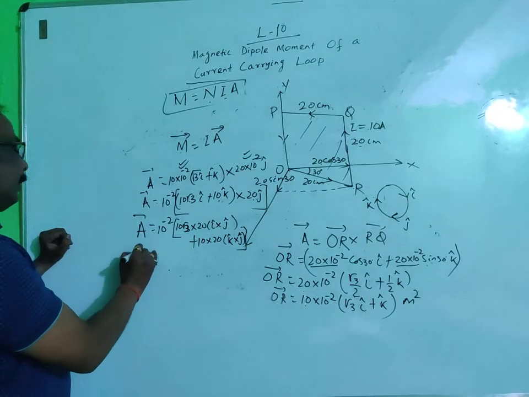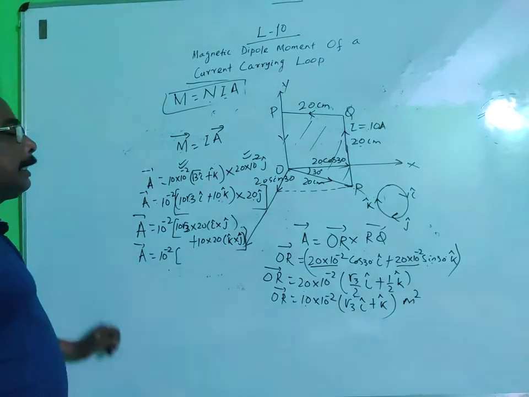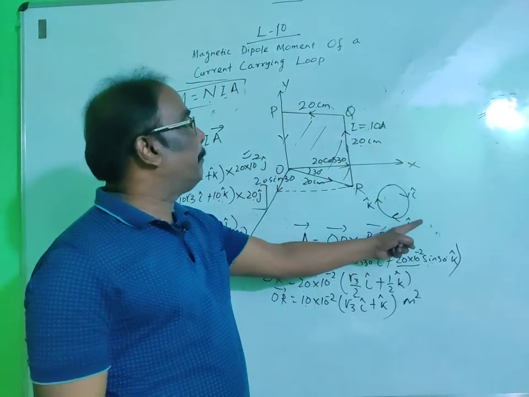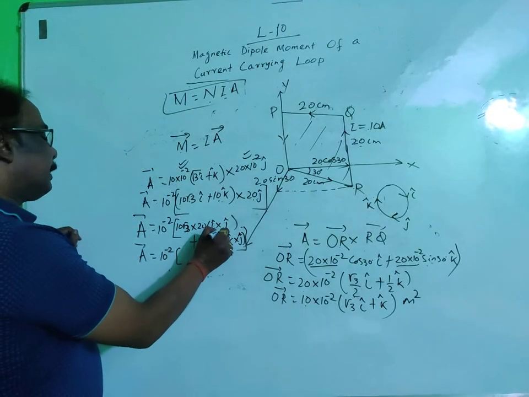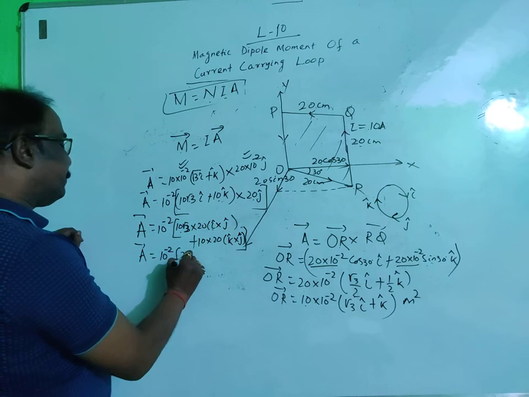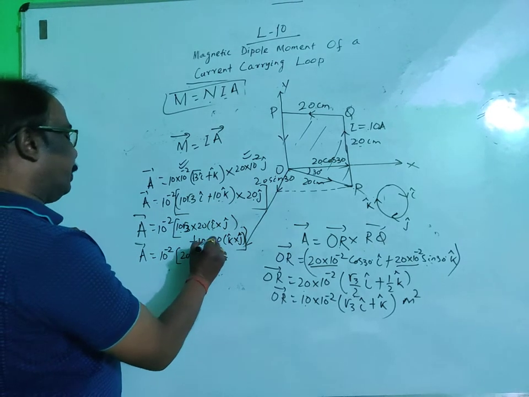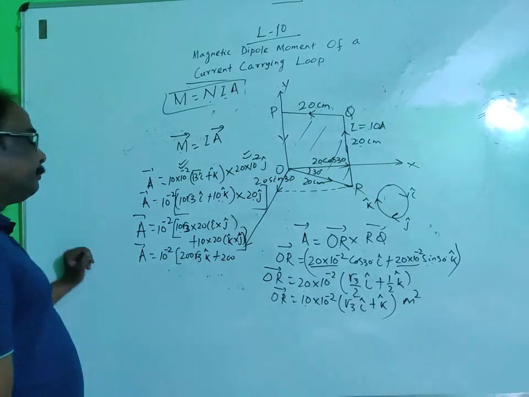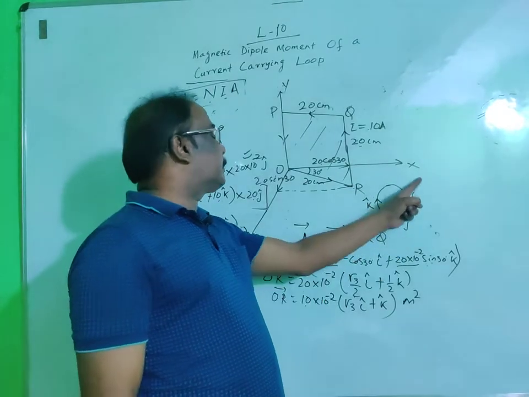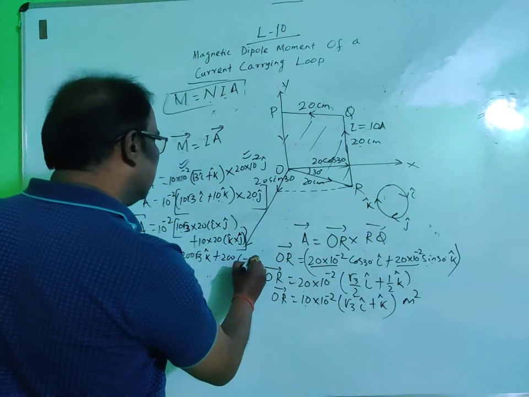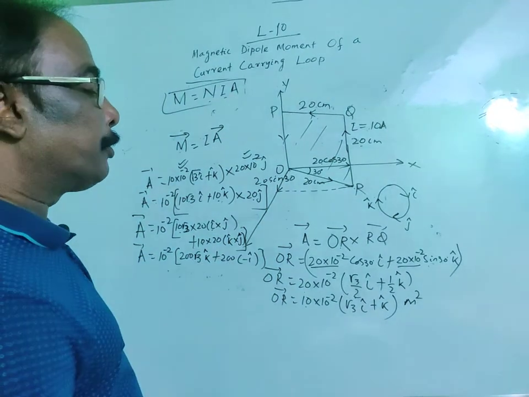Now the final result for the area vector: 10 to the power minus 2, i cap cross j cap is k cap. This is 200 root 3 k cap plus 10 into 20, again 200, k cap cross j cap. K cross j in reverse order means this is minus i cap.